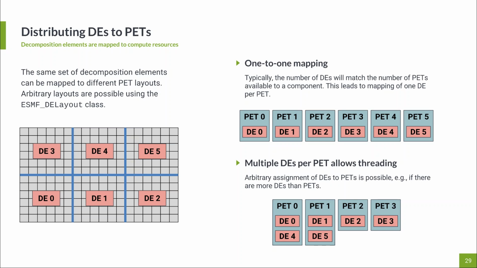That's the standard operating procedure. However, there may be a reason to allocate multiple DEs per PET. For example, this would allow OpenMP threading to operate over different DEs within the same PET.